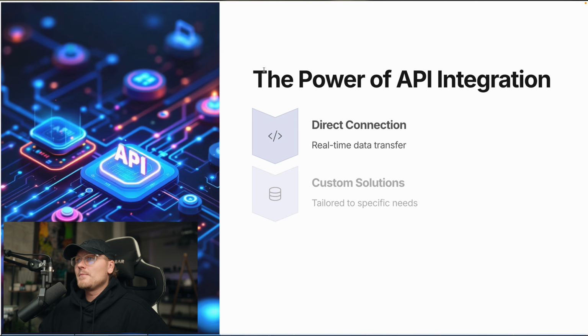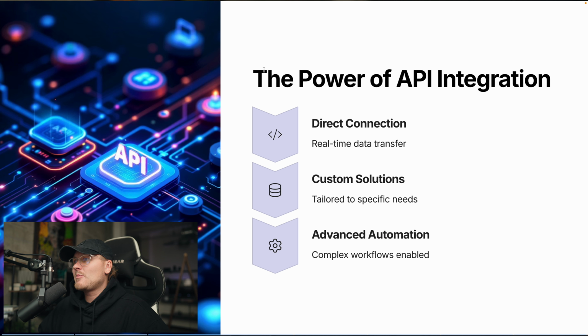The power of this API integration is essentially that we're taking the API from CallRail and the API from Podio, giving it to Zapier, and then creating a system or an equation that says, hey, when this happens, go ahead and do this.